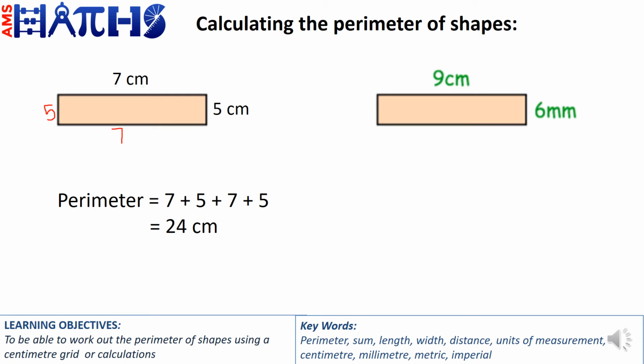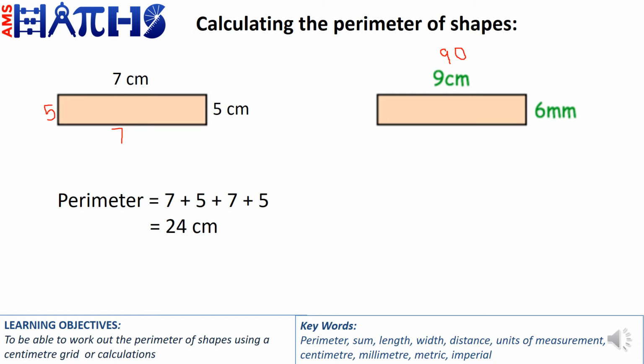The first method I'm going to use is converting the units to millimeters only. And so this 9 centimeters will have to be converted to millimeters, and that is equal to 90 millimeters because 10 millimeters make 1 centimeter.